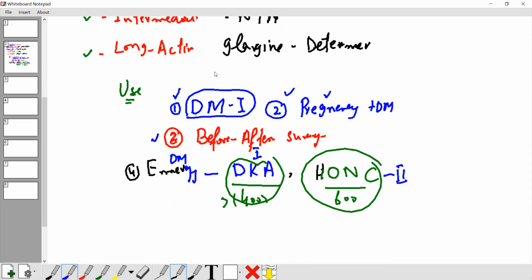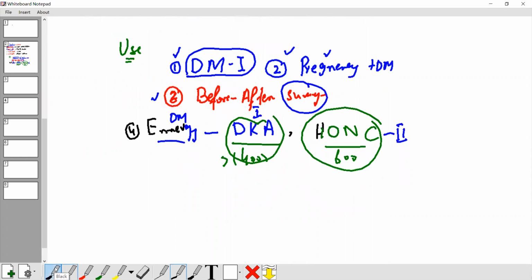Before and after surgery, if a diabetic patient using medication needs surgery, we shift to insulin. These two are emergencies: in case of DKA and hyperosmolar non-ketotic coma, we must use insulin. It's important here. In an emergency situation, rapid and short action.